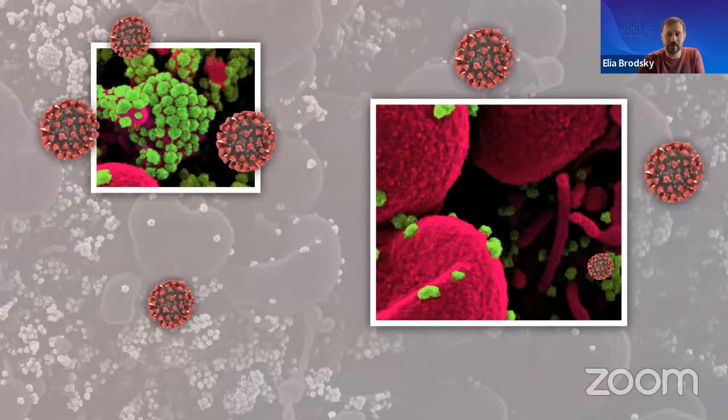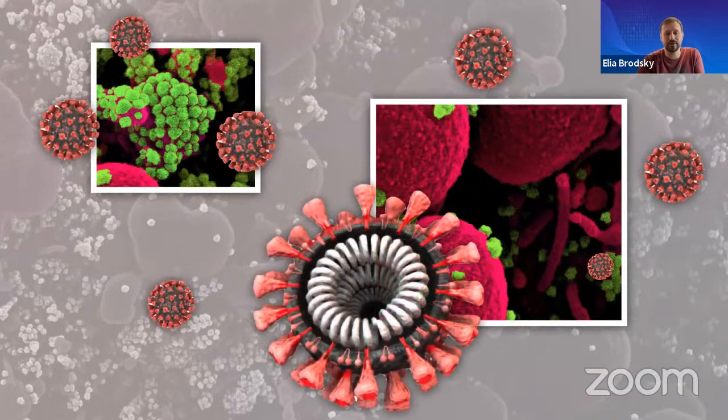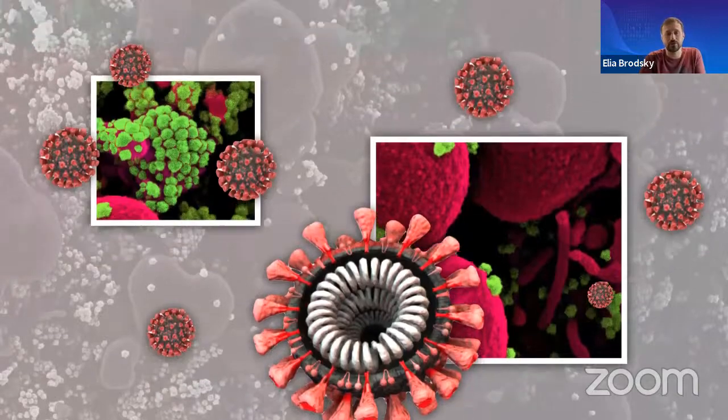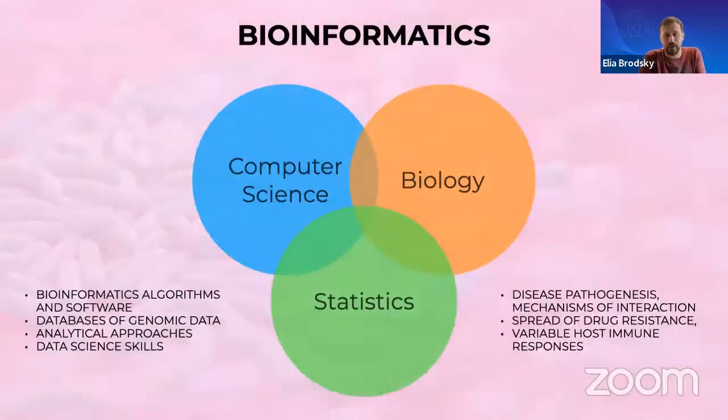And the reason I say that is because with COVID-19, what we have seen is the continuous application of bioinformatics and data science to practical interventions that are being used in real time and are being used to adapt our response quickly to this dramatic threat that we now understand much better, and we know how to intervene much better as well. What is bioinformatics? Bioinformatics is the intersection of computer science, biology, and statistics.